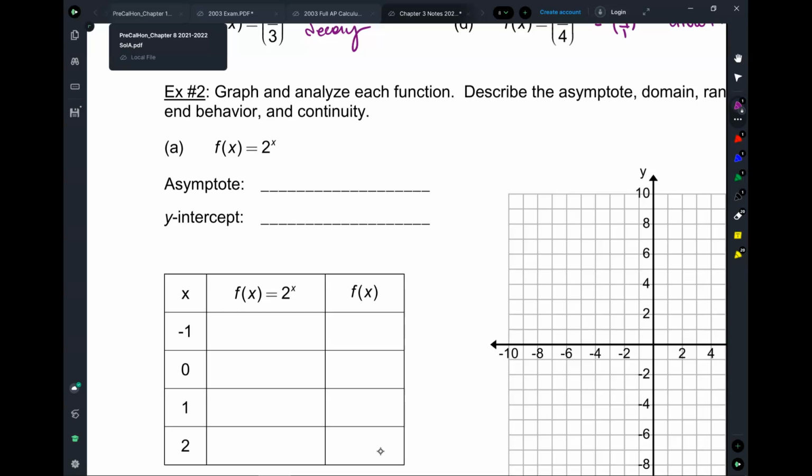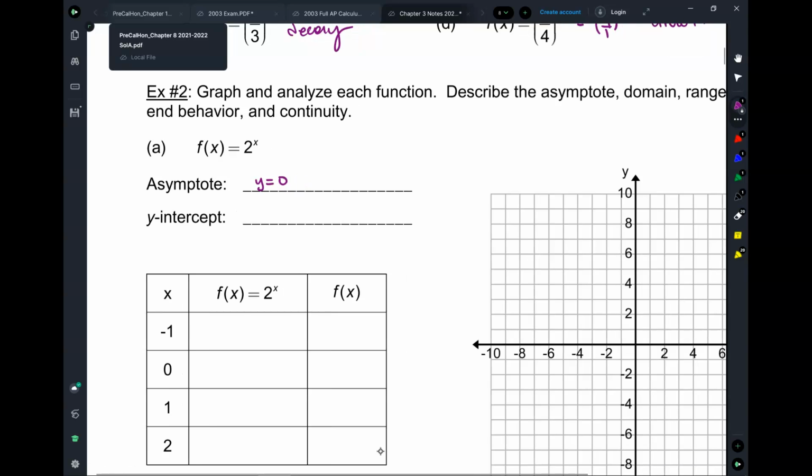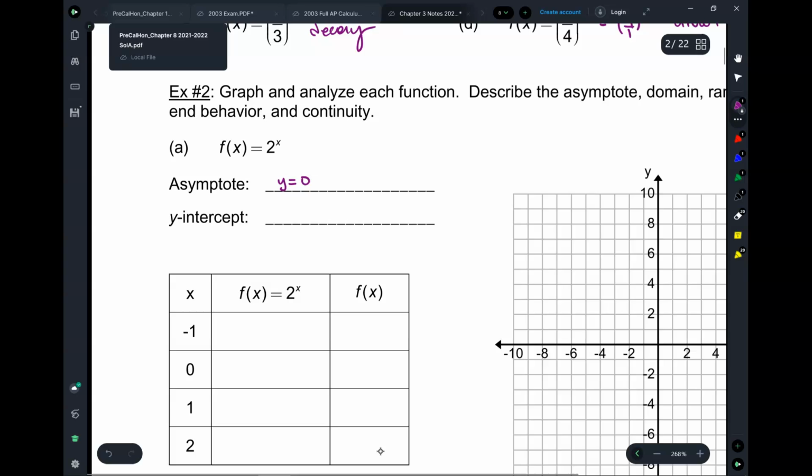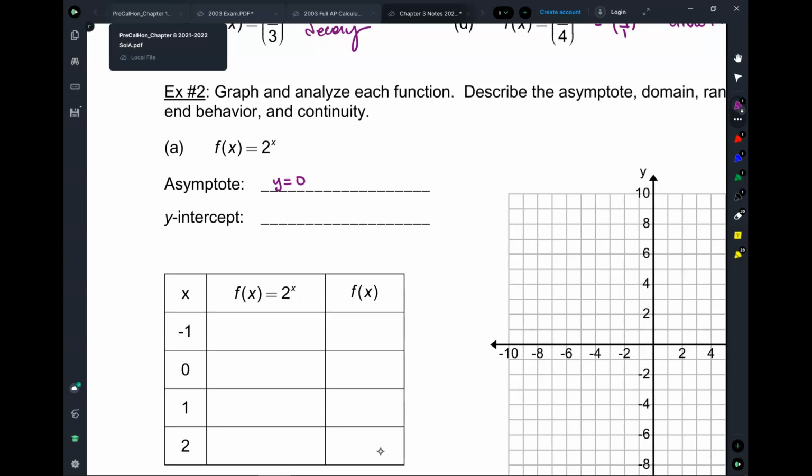We're going to talk later about when that changes. So this is y equals 0. You just write that, that's it. For the y-intercept, you plug in 0 for x. So you say y equals 2 to the 0, which is, what's anything to the 0? 1. So the y-intercept is (0, 1).